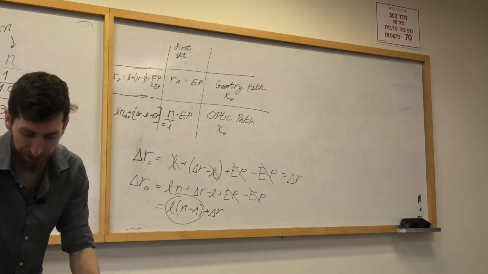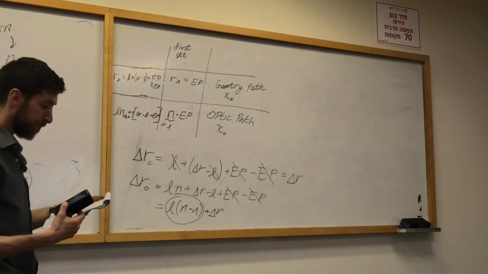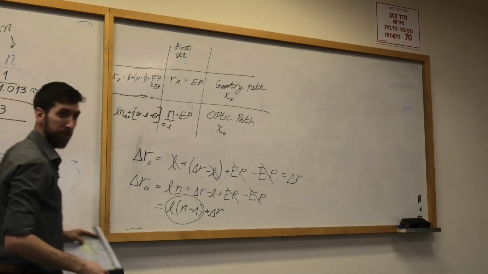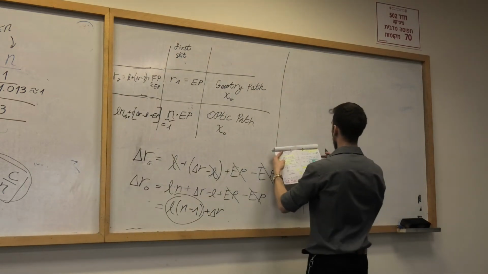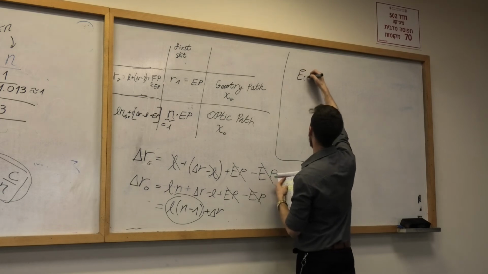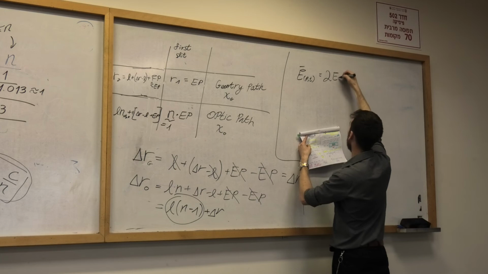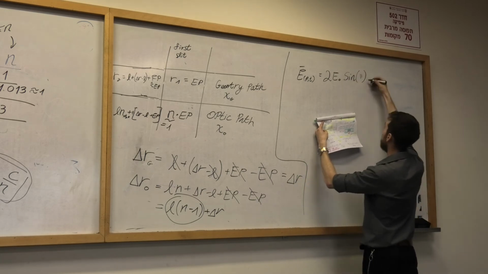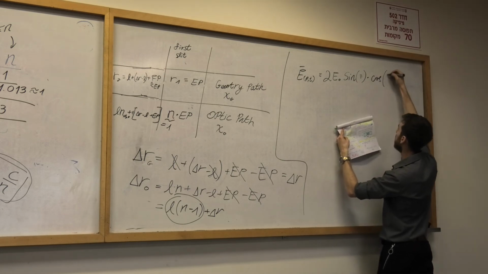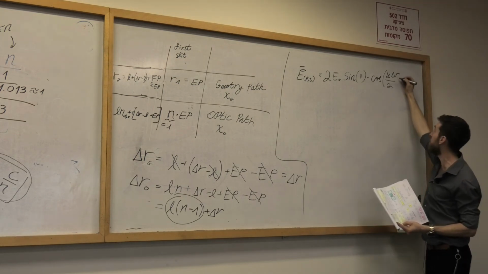So let's now find what the new electric field is. It's the same thing: E_P(t) equal to the summation of the two sines, 2E sine of what we had before. But here in the cosine, remember that we had K delta R divided by 2? Now the geometric path and the optic path are not the same.